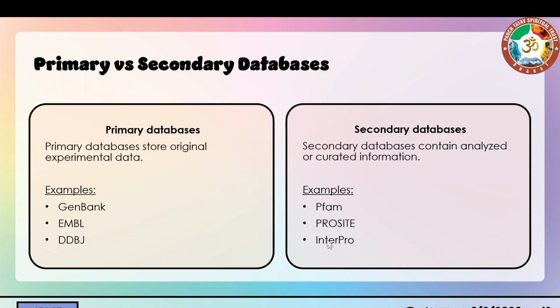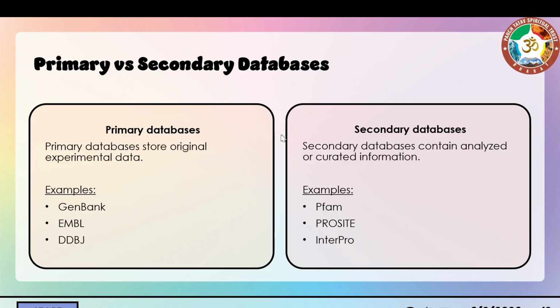These are some examples of secondary databases. So are we clear with primary and secondary databases, that majorly there are two kinds of databases? One database stores the original information and the secondary database contains the analyzed information.